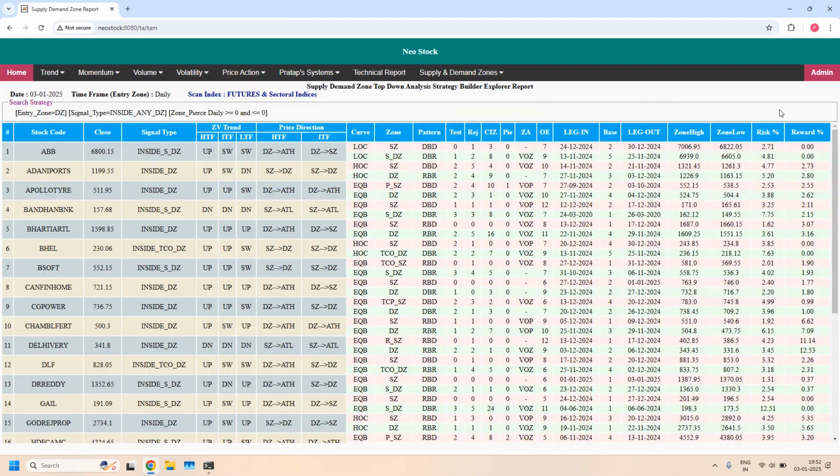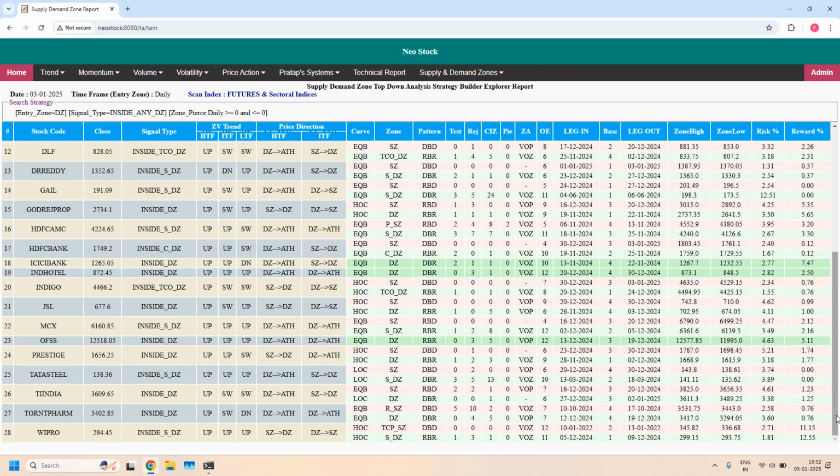Let's filter. We got a big list, first 15 stocks. I am scrolling the list down. So total 28 stocks are filtered.